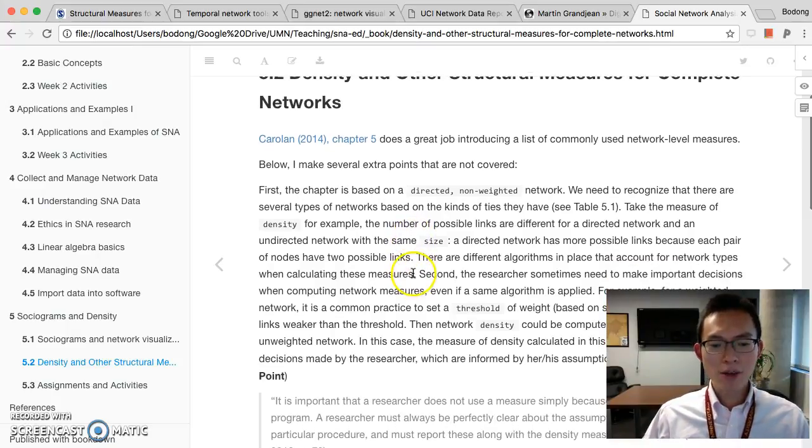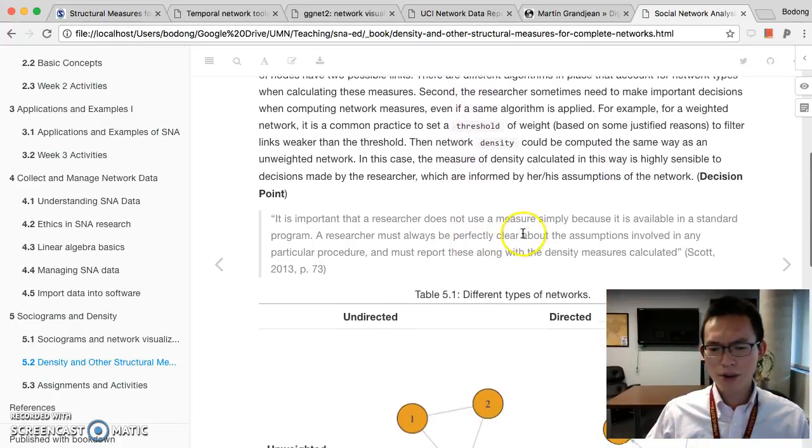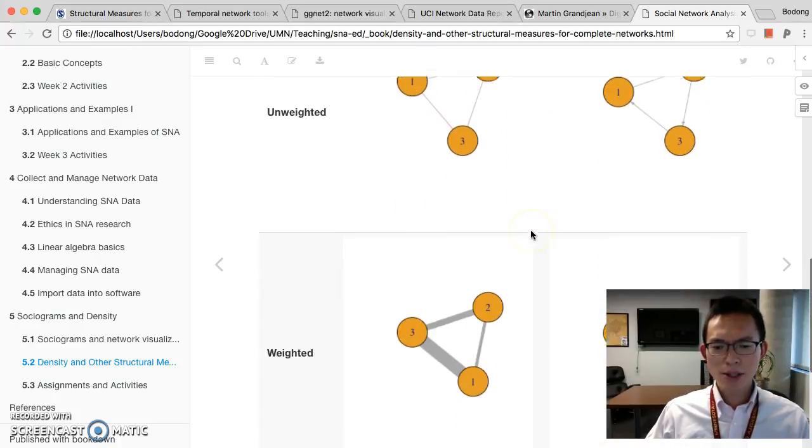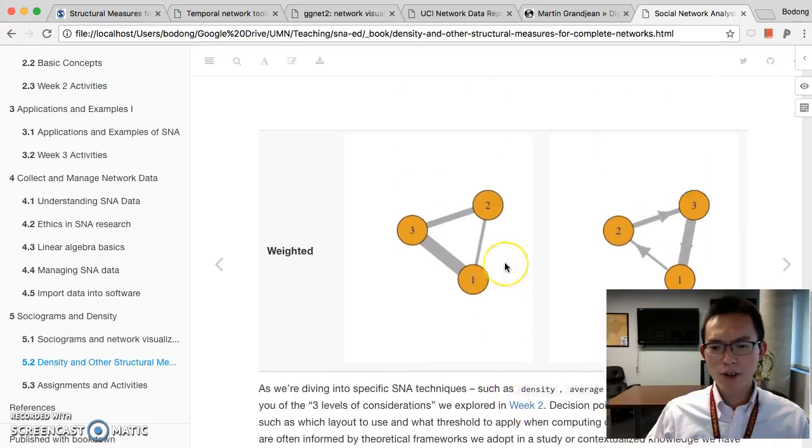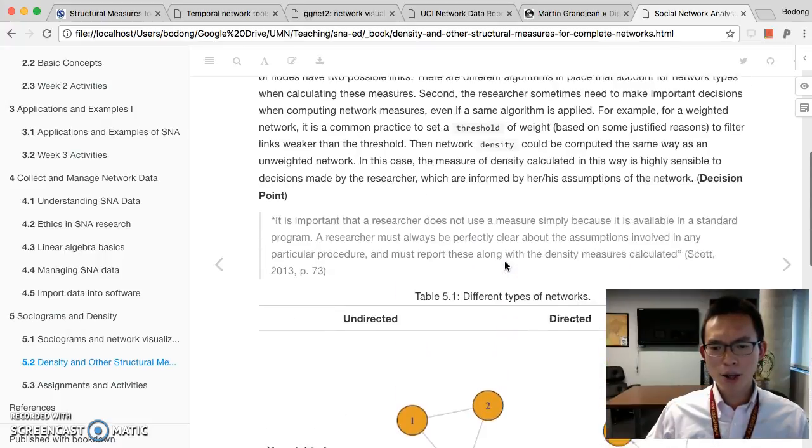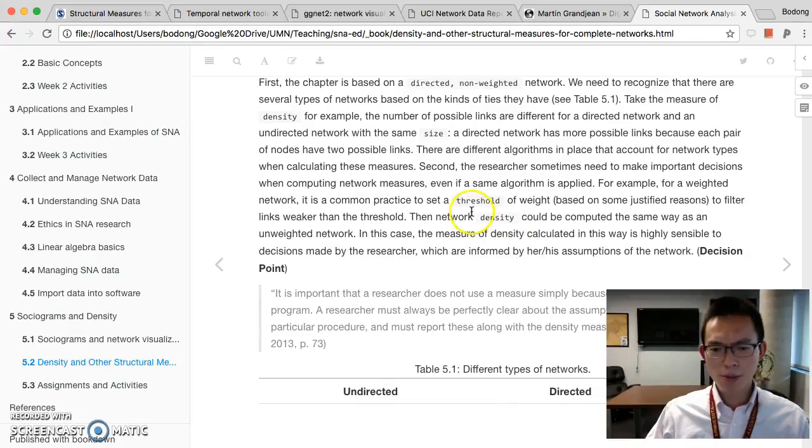And here on this page, I highlighted a few things that we want to explore, but not necessarily covered in this chapter, so that you can understand there are a lot of decisions involved when you are computing this measure. For example, one example is you need to set up a threshold sometimes to filter a network.